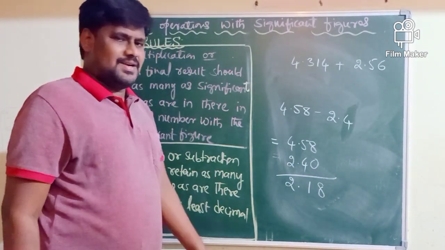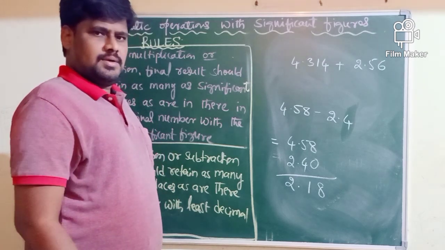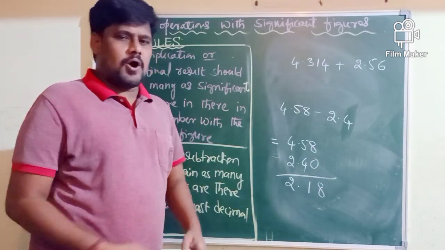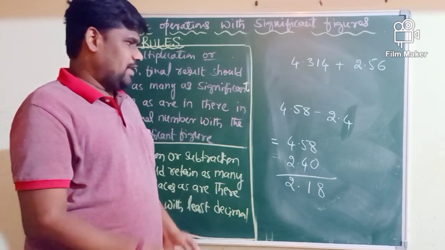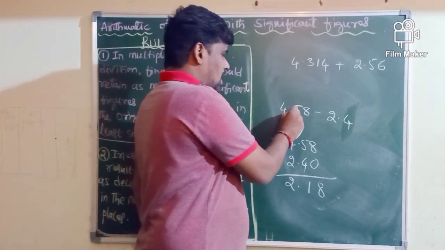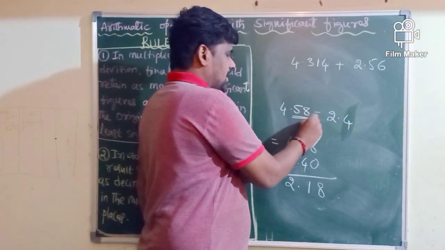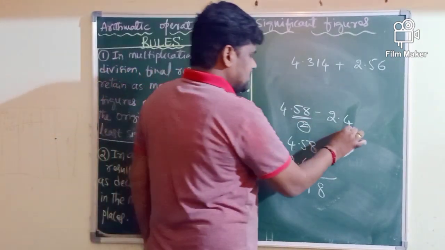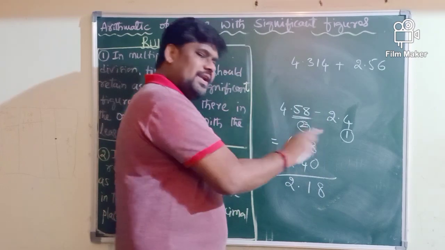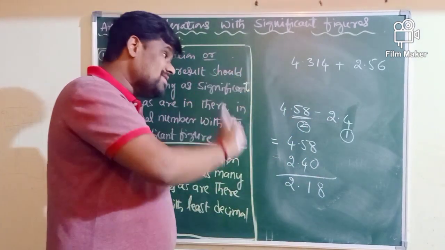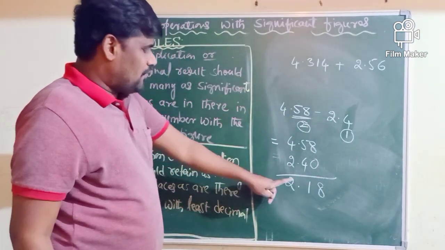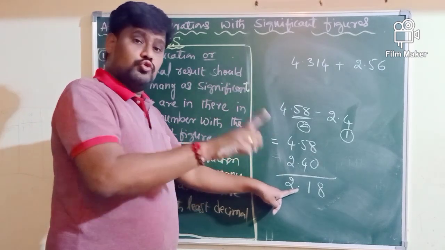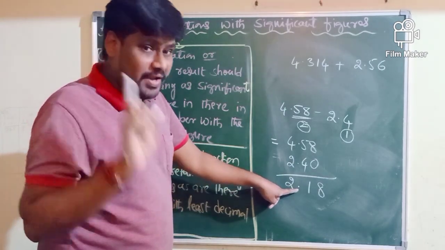2.18 is your result. But we are not going to consider all the significant figures here. First number, after the decimal point, I have 2 digits. In the second number, after the decimal point, there is only 1 digit. Therefore, in the answer also, after the decimal point, there should be 1 digit only.